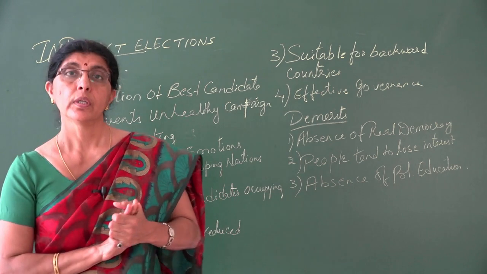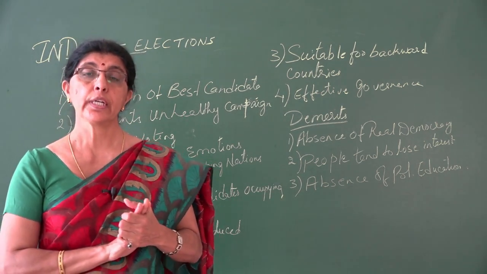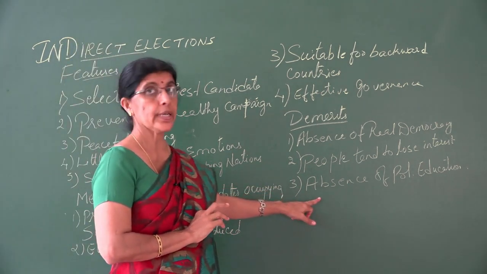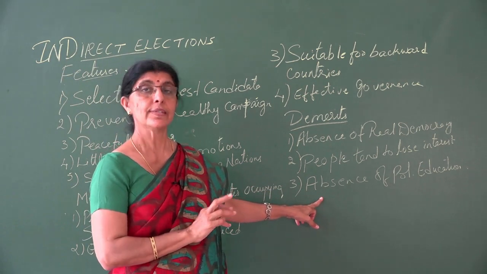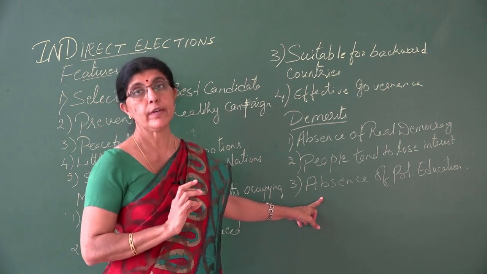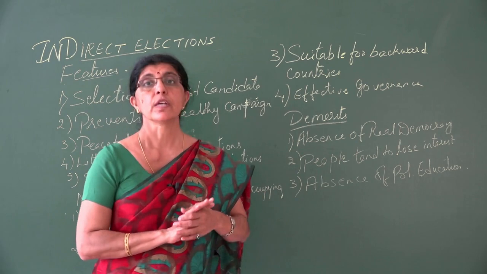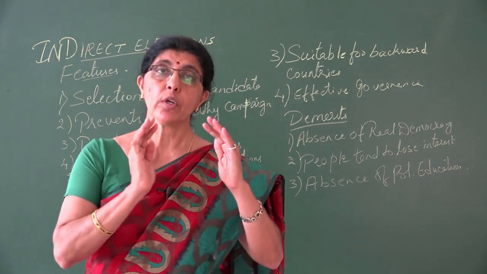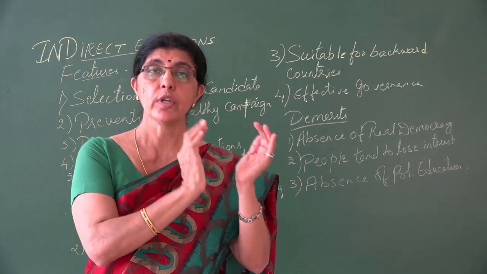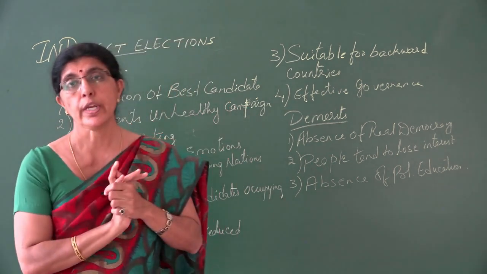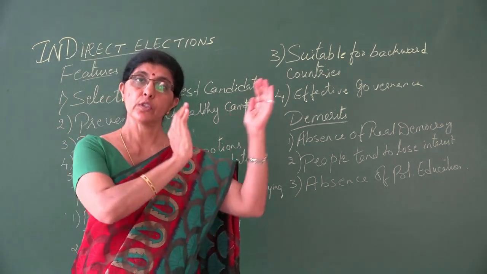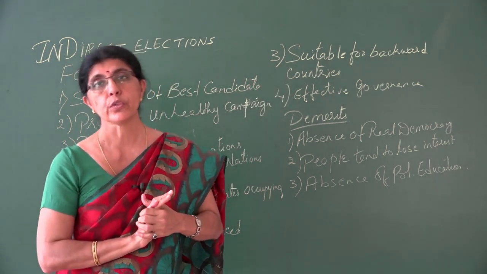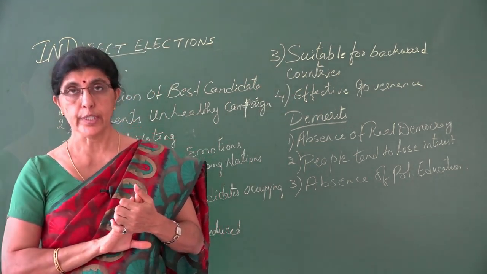A voter does not get political education during indirect elections, whereas in direct elections he gets political awareness. In indirect elections, this sort of political awareness is not there because it is dealing only with a small section of the electorate, and that small section of the electorate only chooses the President of India.